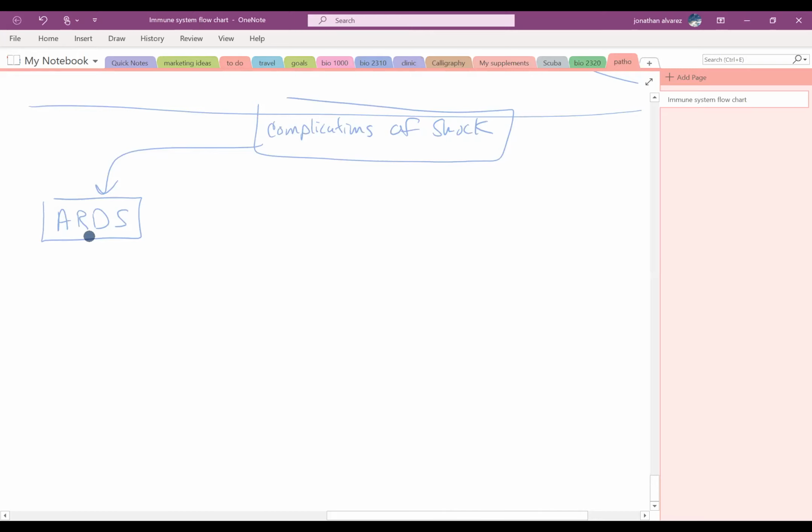This one is usually seen with septic shock.